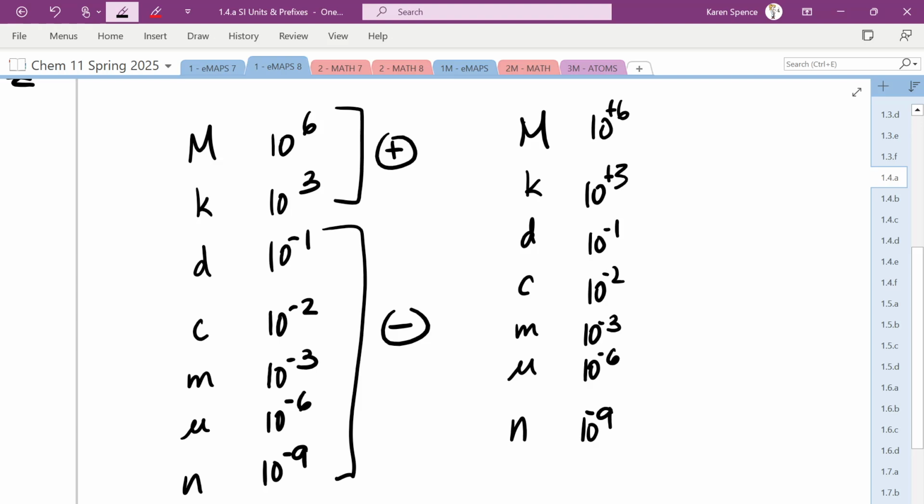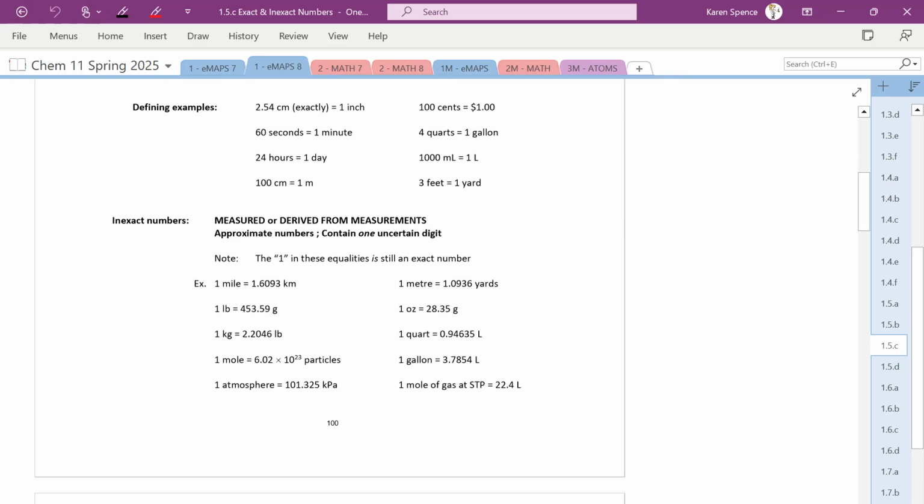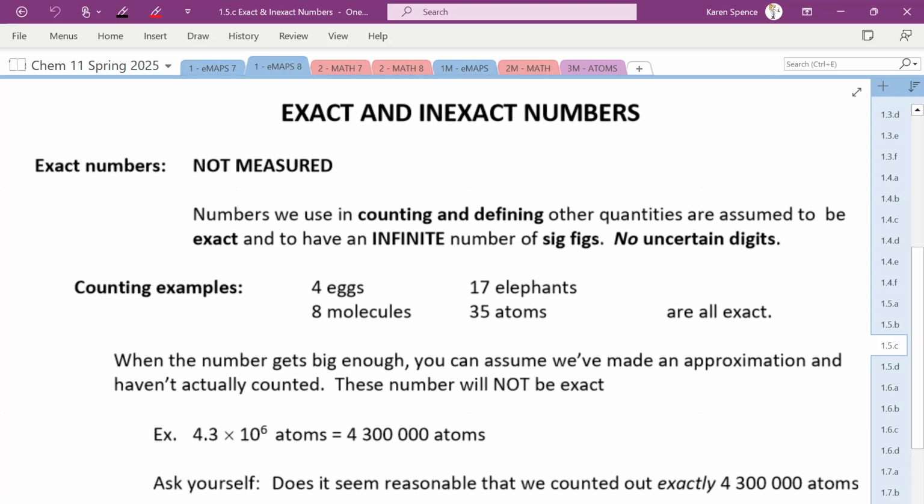Yes? Okay. And part of today's work is going to be preparing for tomorrow's quiz. And I'm around tomorrow, flex and lunchtime if you have questions. Okay? All right. So that is that. And now we are going to move on to 1.5C on page 100. What a nice round number that is.